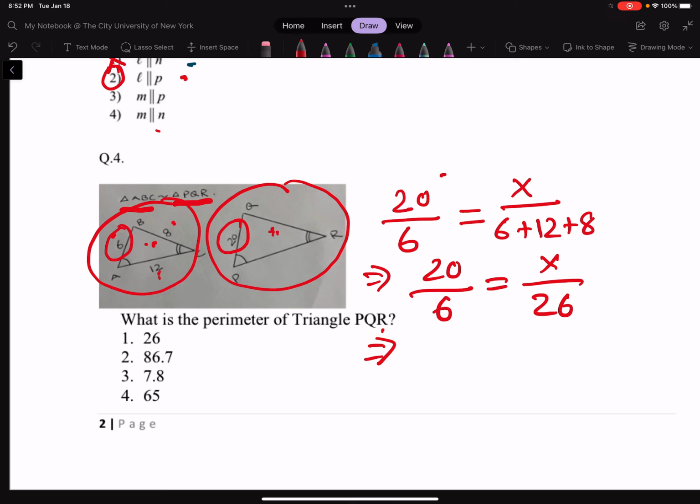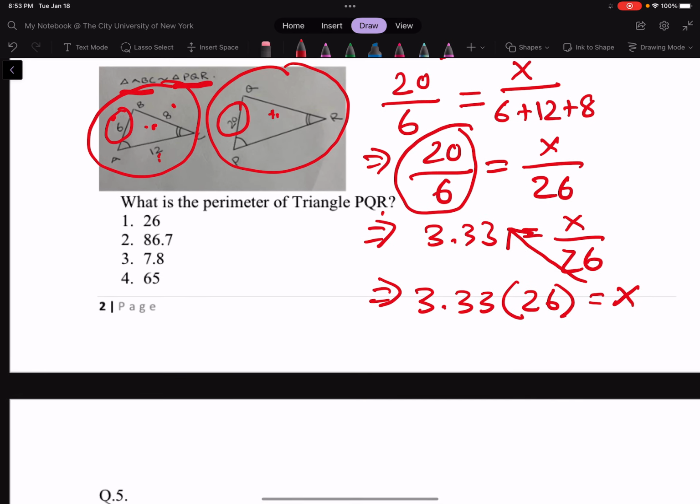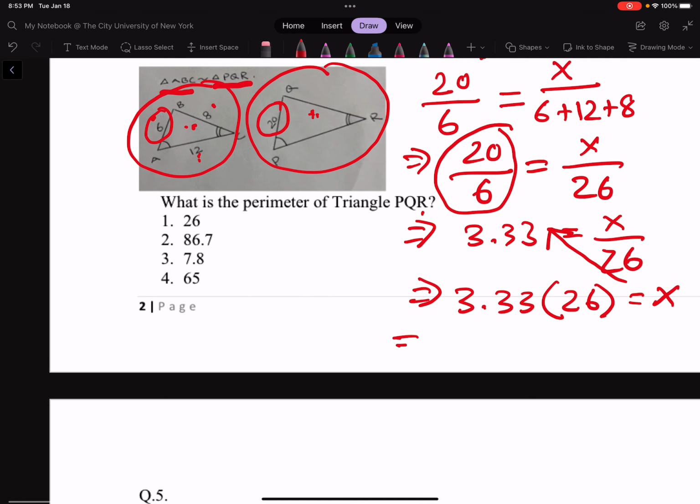Now you can cross multiply, or you can think like this: 20 over 6 is 3.33, and this is X over 26. So 3.33 multiplied by 26 is X. Once you multiply, you should be getting 86.66 for X. So if you estimate, that should be 86.7.